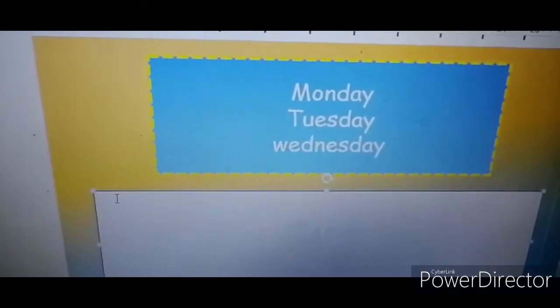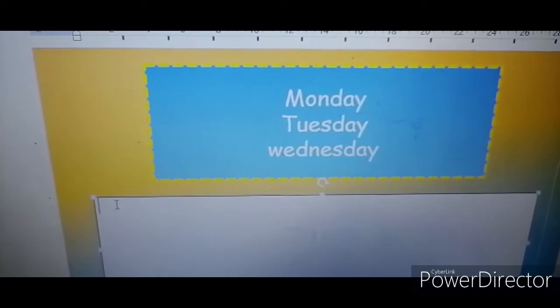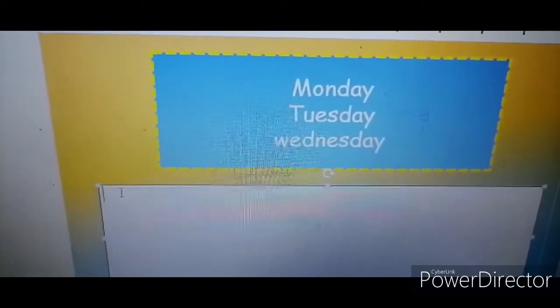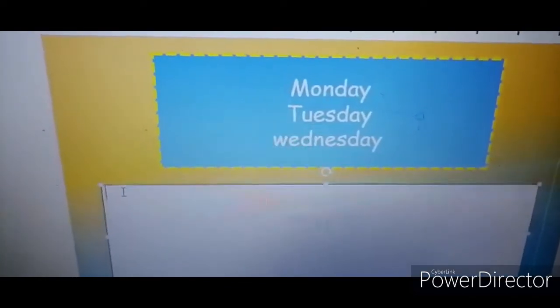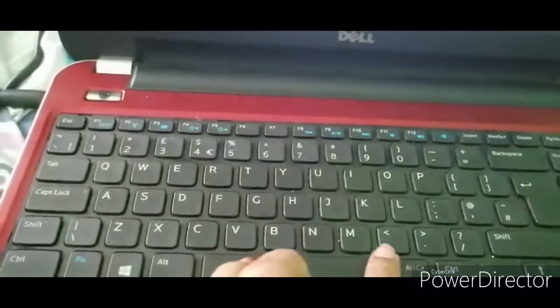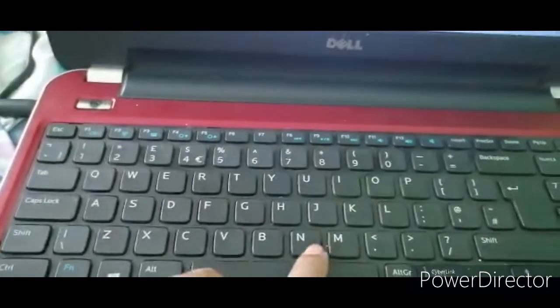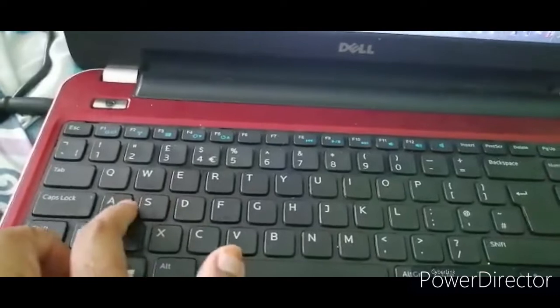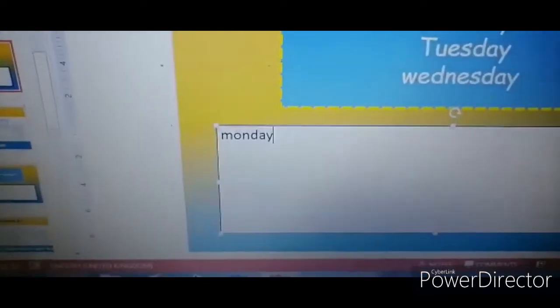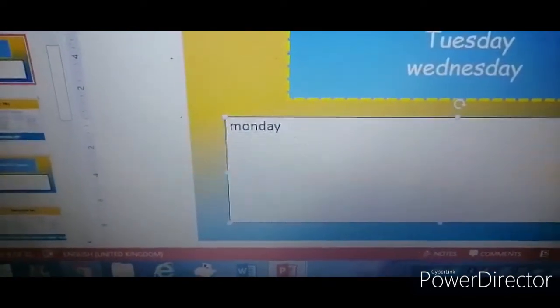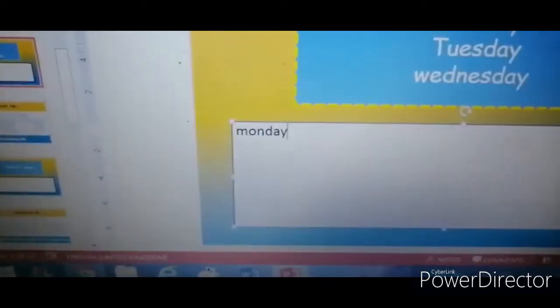Let's work out this exercise. We have to type Monday, Tuesday, and Wednesday, each on a different line. Let's do it. Monday. Now we have to move to the next line.